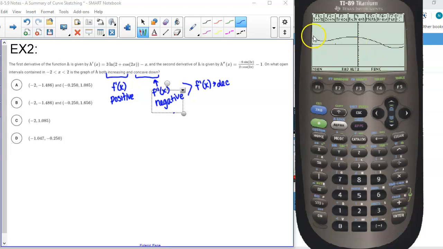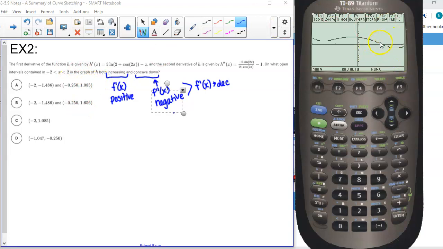So this first little section right here is positive, but decreasing. Right? So it'd be from negative 2 up to this point, which is probably that negative 1.486. And then I also decrease from this, I'm positive, but decreasing from this point up to here. So that is probably negative 2.50. I probably need to figure out what that value exactly is so I know which one of these is correct.